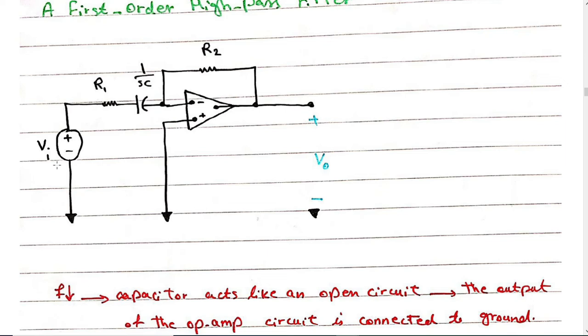Because this is now an inverting amplifier, the output voltage is minus ZF over ZI. So what is ZF? R2, and what is ZI? So from here you can calculate the transfer function.